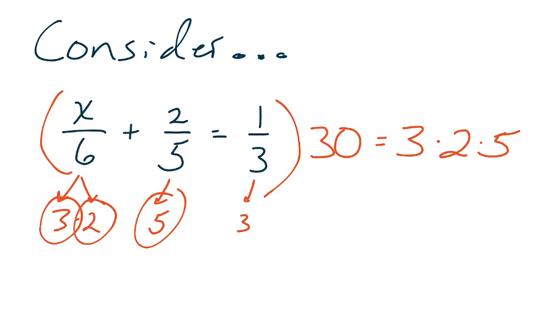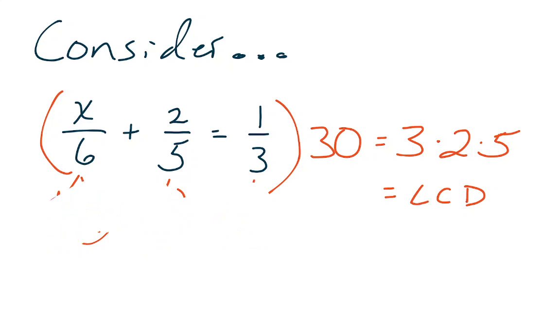But wait, I need a 3 represented. I already have it represented right here. I don't need another one. And so if I factor each denominator, and then if I have each of those factors represented, we will end up with the least common denominator. Now, in a moment, we're going to do that with x's, and that's when things get really fun.